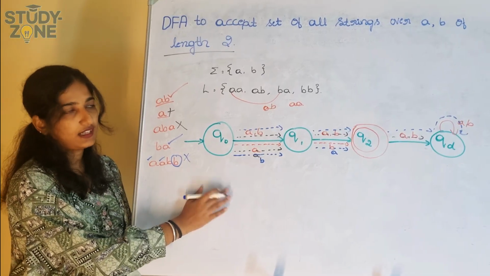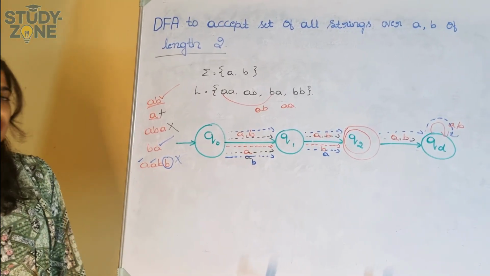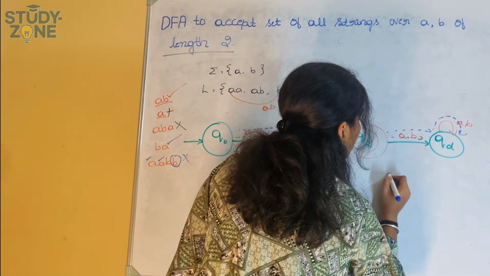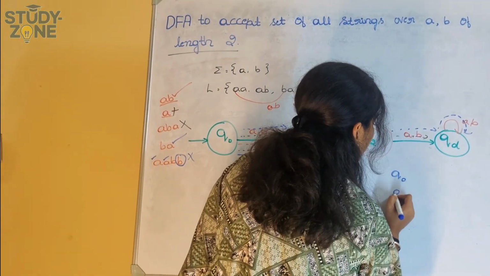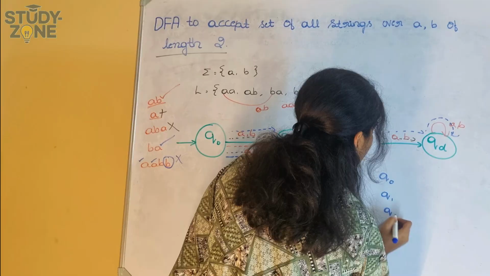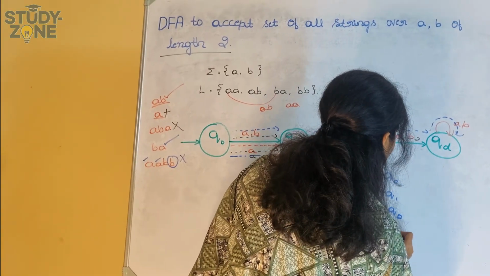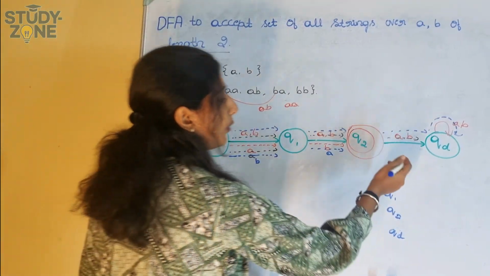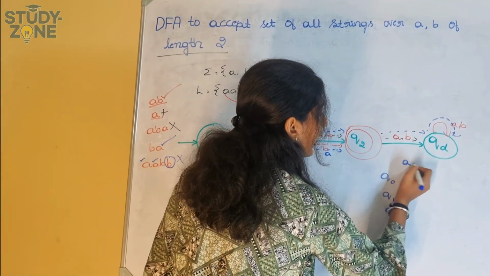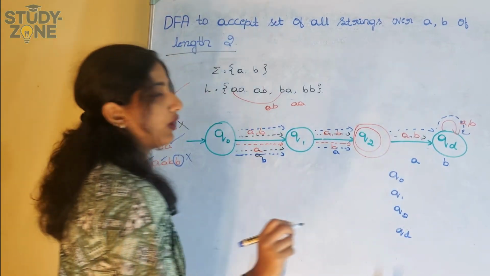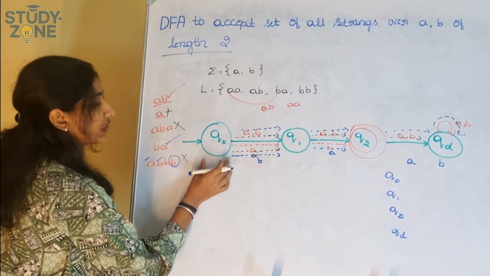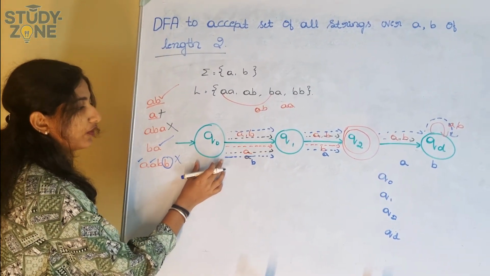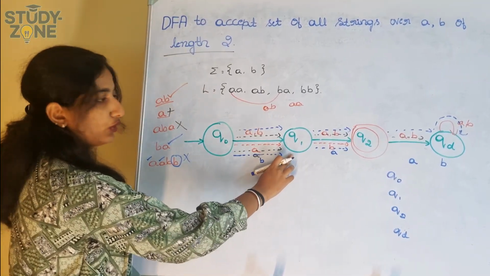Now let us write the transition table. So this is simple. What you have to do is write all the states. Okay, Q0, Q1, Q2, and we have the dead state QD. And then at the top we have to write the input symbols. They are A and B. Now we have to check Q0 on A. Where is it moving? It is moving to Q1.